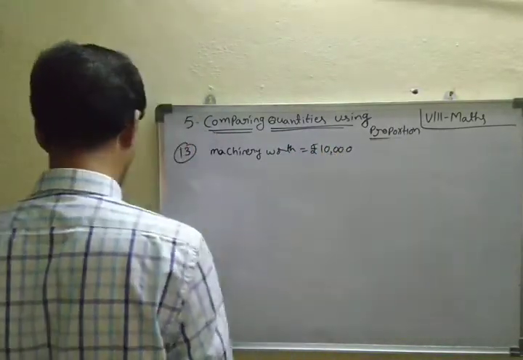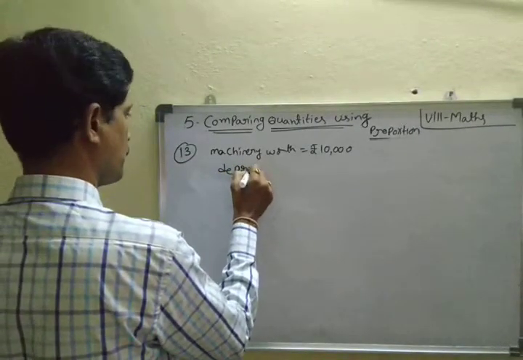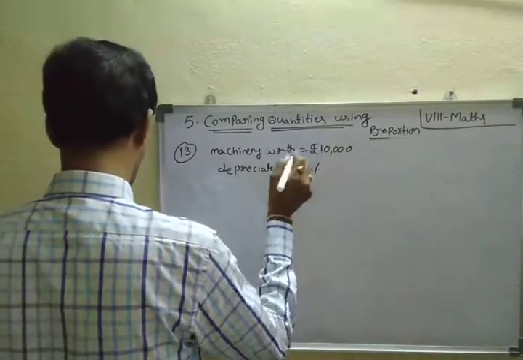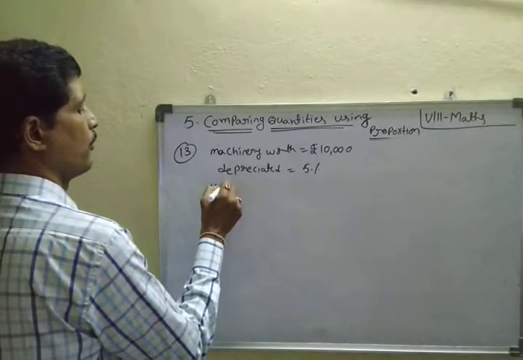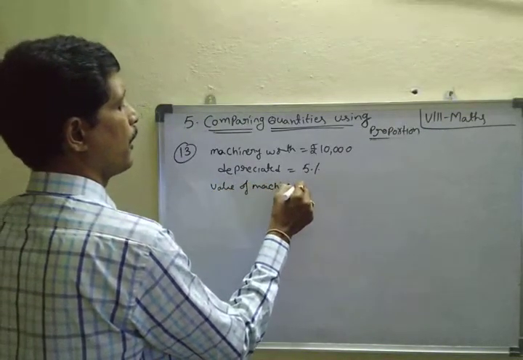Here depreciated means decreased value, that equals 5%. Next, the value of machine after 1 year.